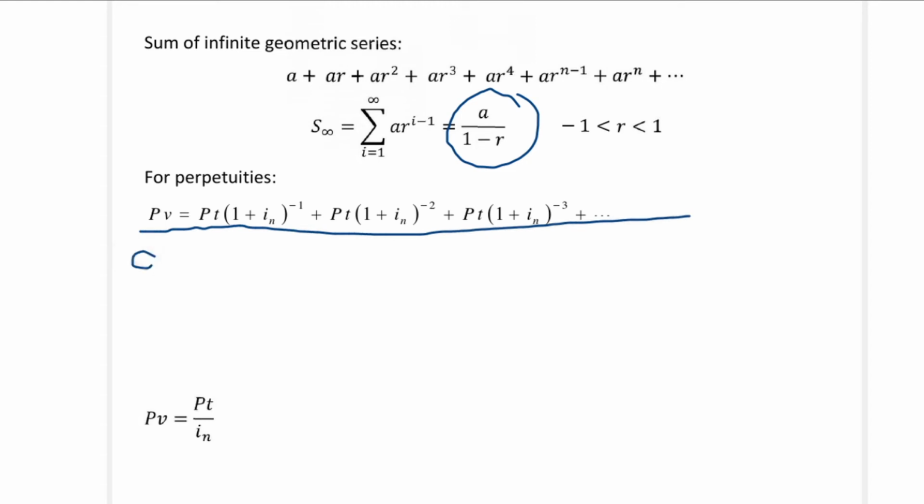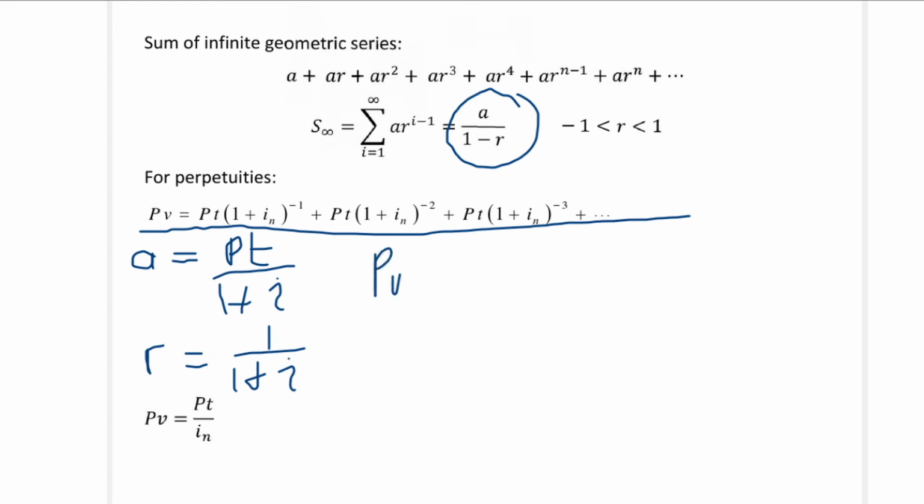So again, we can recognize our A, the first term, and our R is given by 1 over 1 plus I.